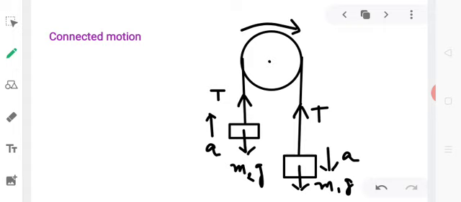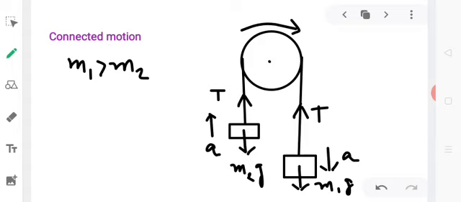We shall now discuss connected motion. What does connected motion mean? Consider two bodies of masses m1 and m2 tied at the ends of an inextensible string which passes over a light and frictionless pulley. Now, here we shall assume that m1 is greater than m2.